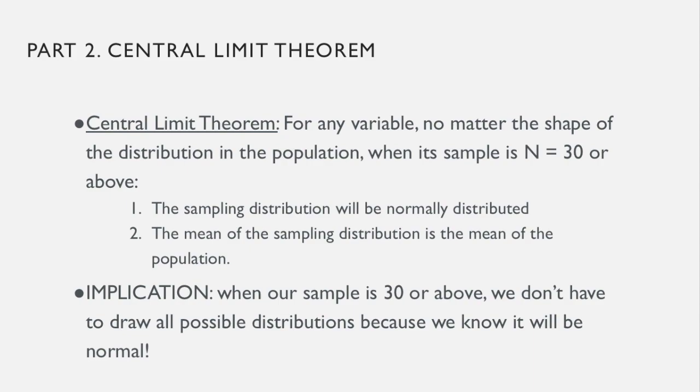And the mean of the sampling distribution is the mean of the population. I'm going to say that again. The mean of the sampling distribution is the mean of the population if each sample has at least 30 or more people. It has to have 30 or more people in order for this to work. If it has 30 or more people, the sampling distribution mean is going to equal the population parameter.